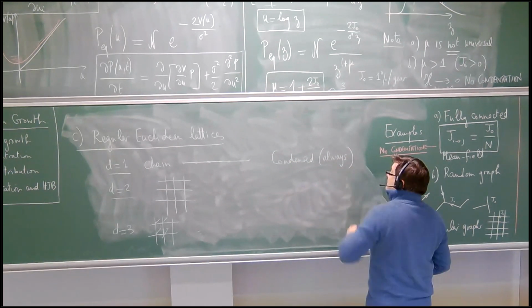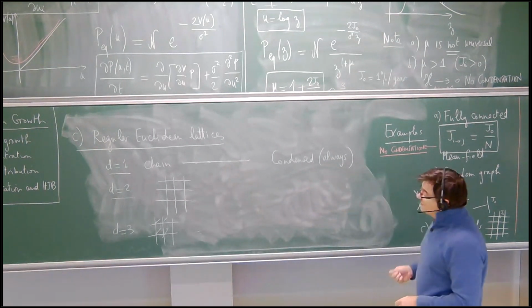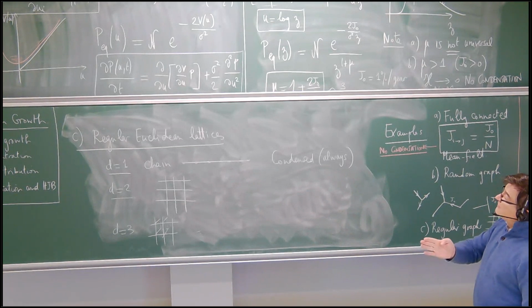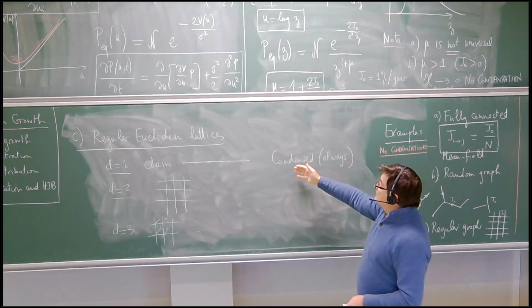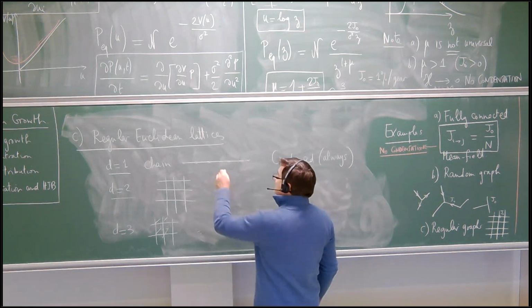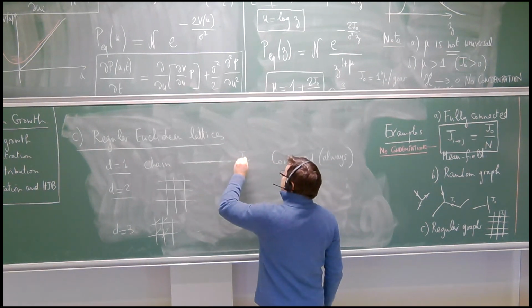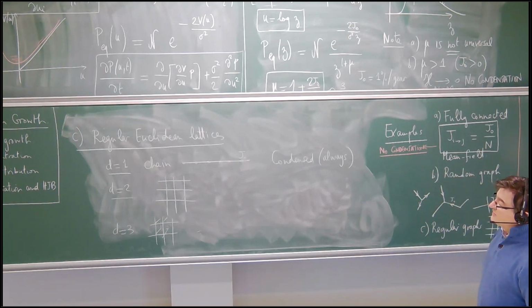So you're right. This is a random regular graph if you want to see it that way, but the value of AC goes to 0. So if you remember the graph that I erased, it means that the transition goes all the way to J infinity. And so for any finite J, you're always going to be condensed. So that's quite interesting. It means that it's not only the strength of J that matters, there's also something about the topology of the graph that matters.